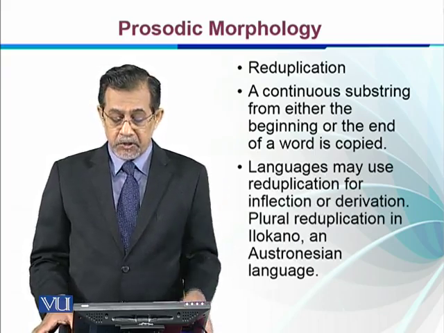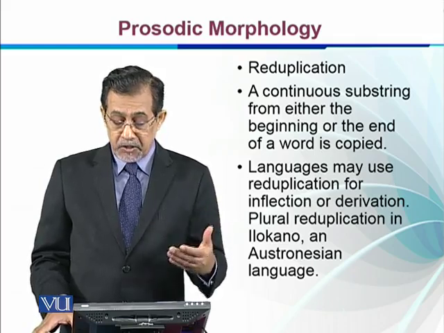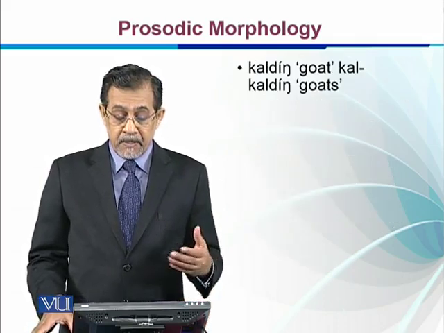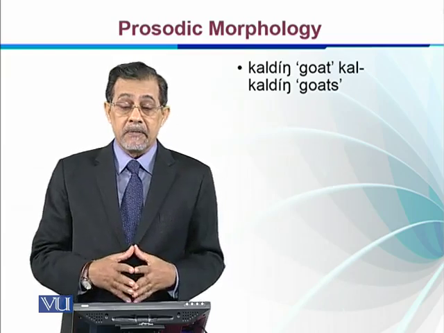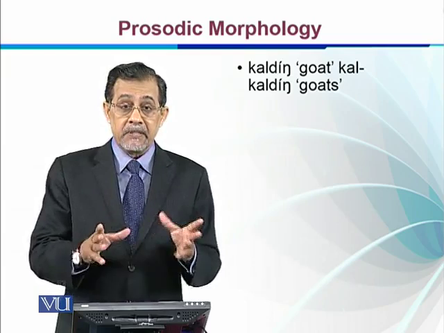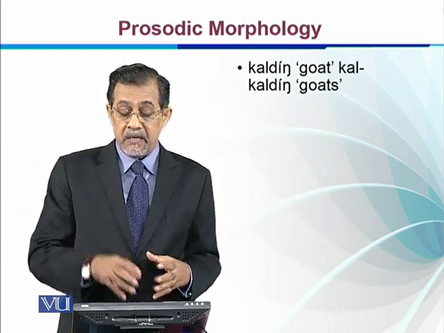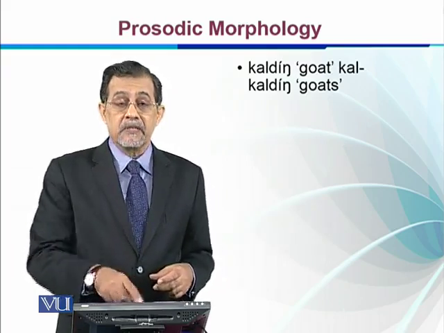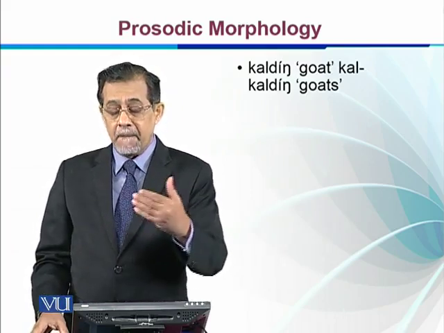Plural reduplication in Ilocano, an Austronesian language. Let's look at an example of it. Obviously, I'm reading it for understandability. My pronunciation of that language is not very correct. So, kaldíng, goat, and kalkaldíng, goats. You can see that the first unit of sound is reduplicated to make it a plural.